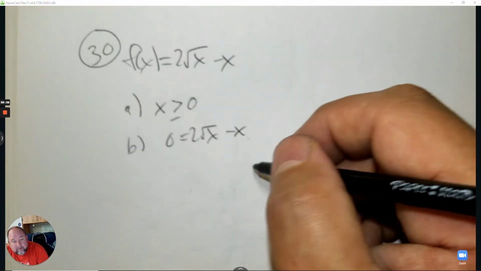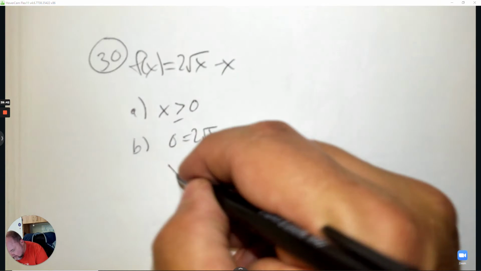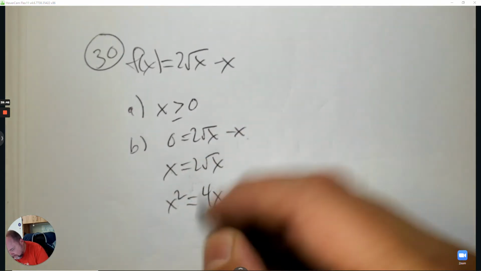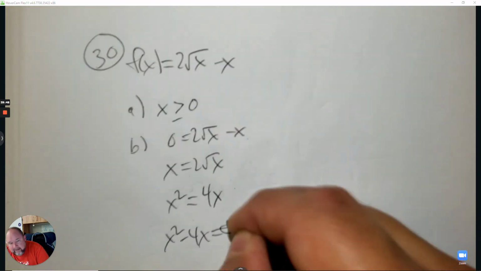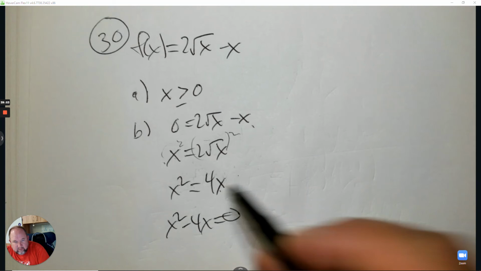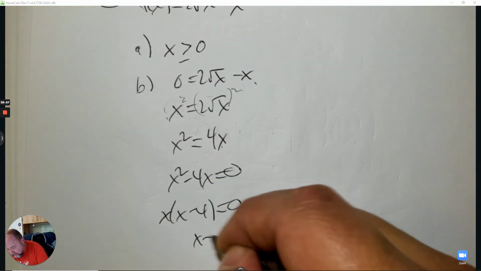So 0 would give me the answer at. Add, square, subtract. So I added x, I squared both sides. Subtract 4x, factor, and I get the answer 0 and 4.